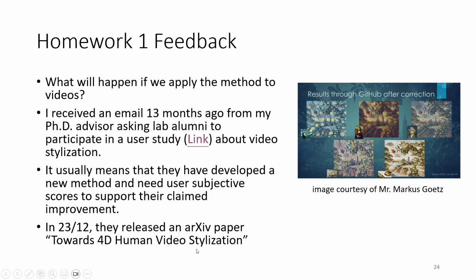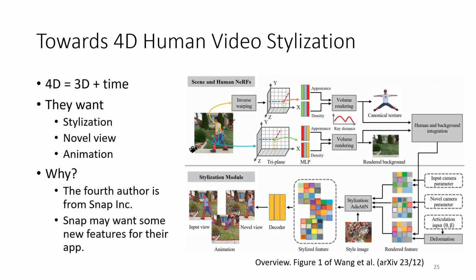You can see this is the example image. What they want to do is, given the input image, separate the human subjects and the background, and use NeRF so they can render. Sorry, I forgot to turn on the laser pen.